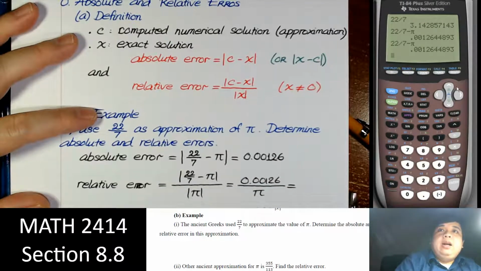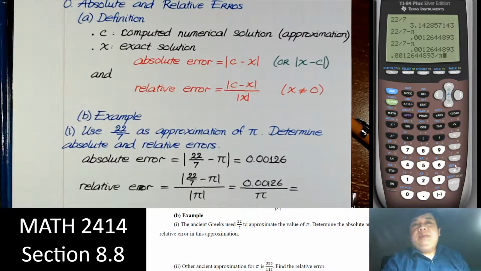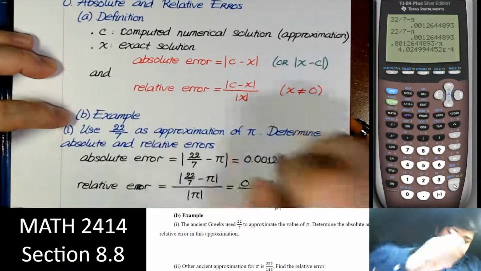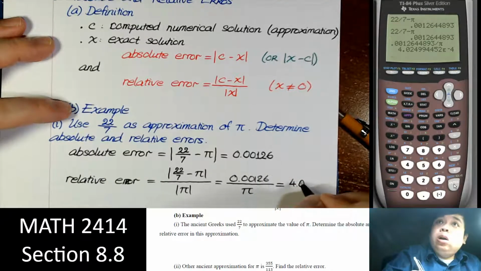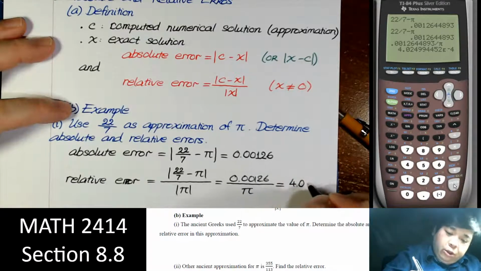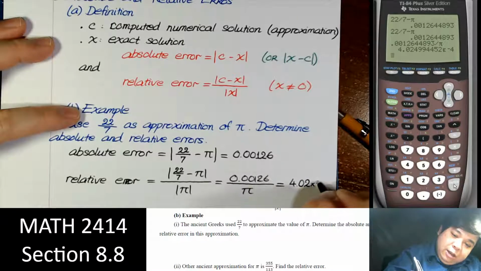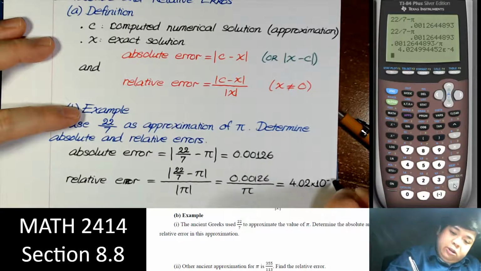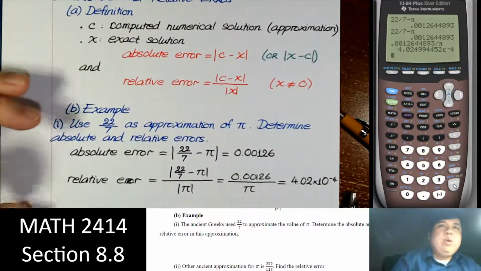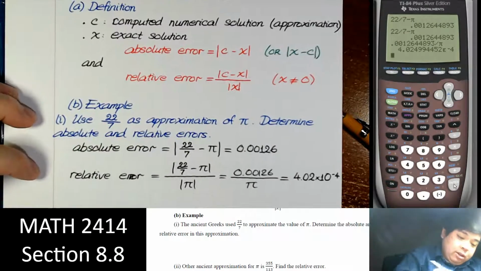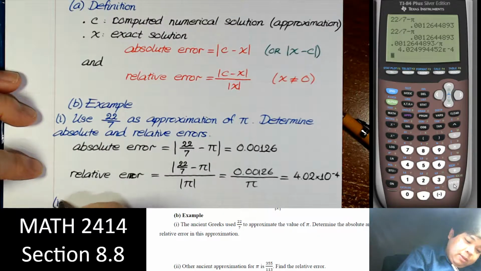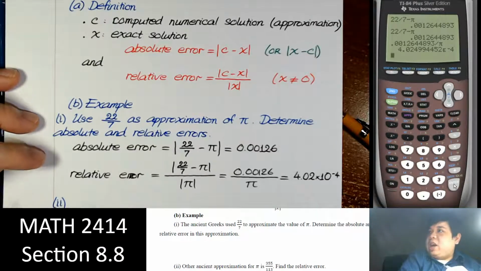On the calculator, go up, highlight that number, and then divide by pi. So it is 4.02 times 10 to the negative 4. So a very small number. Right. So that is the Greeks. The next one I think is the Chinese approximation.